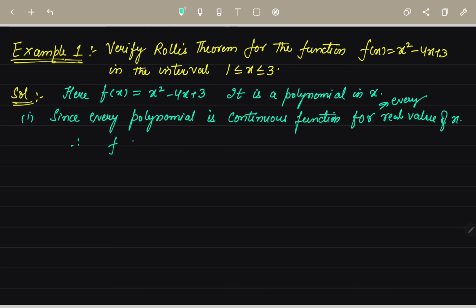So this implies that f is continuous in the closed interval [a, b], and here [a, b] is basically the closed interval [1, 3].